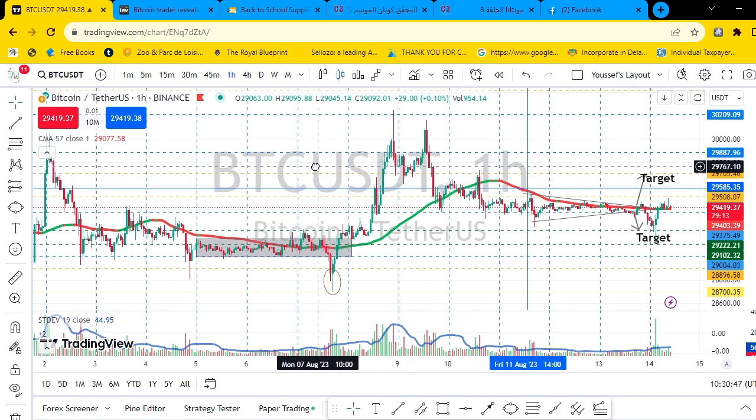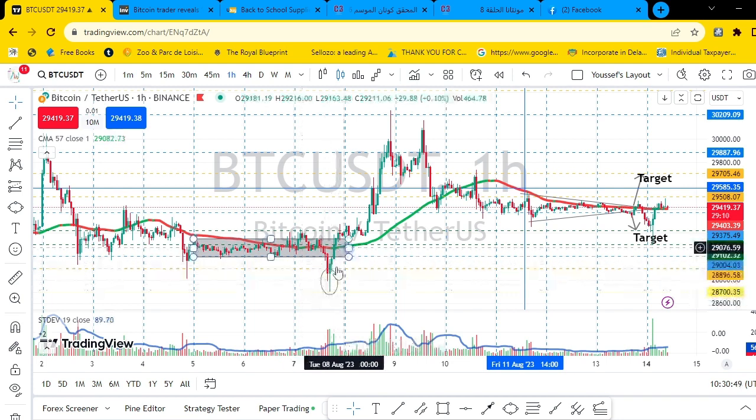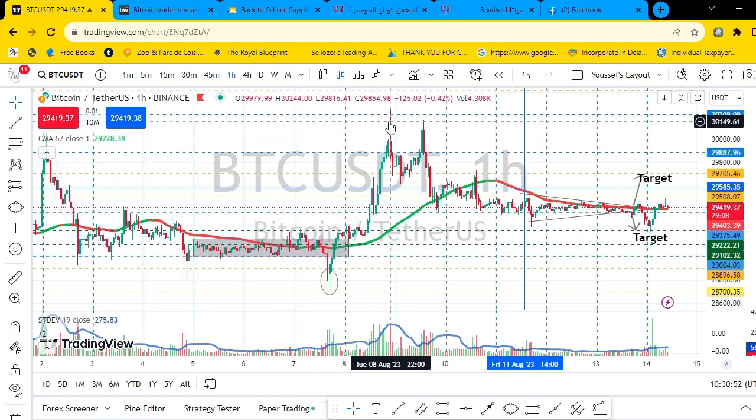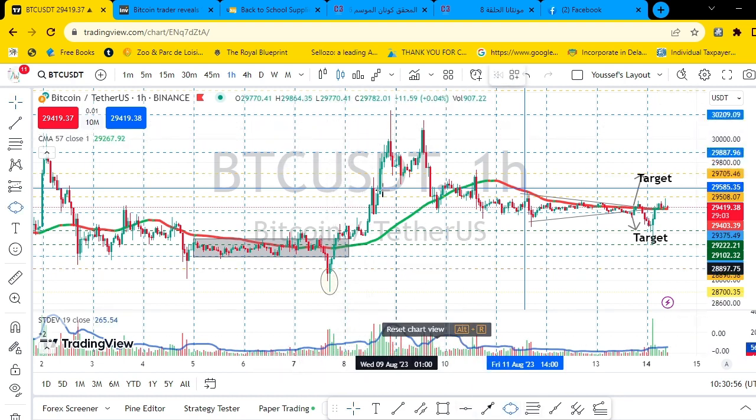So here that was a very beautiful buy trade.